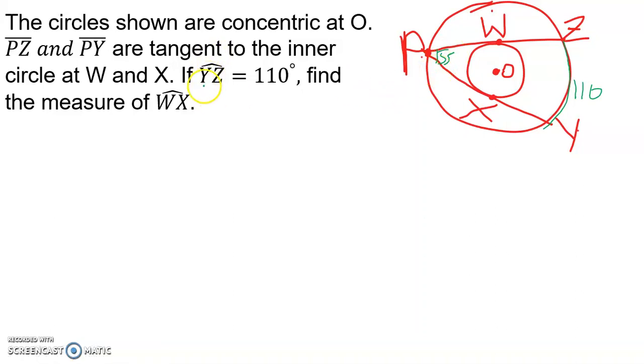Now we're asked to find the arc YZ. So arc YZ, which is this arc here. So let's label it X. Now, we don't know the other part of the arc, so we can label it 360 minus X, because this arc X plus what is left, 360 minus X, is going to make 360.